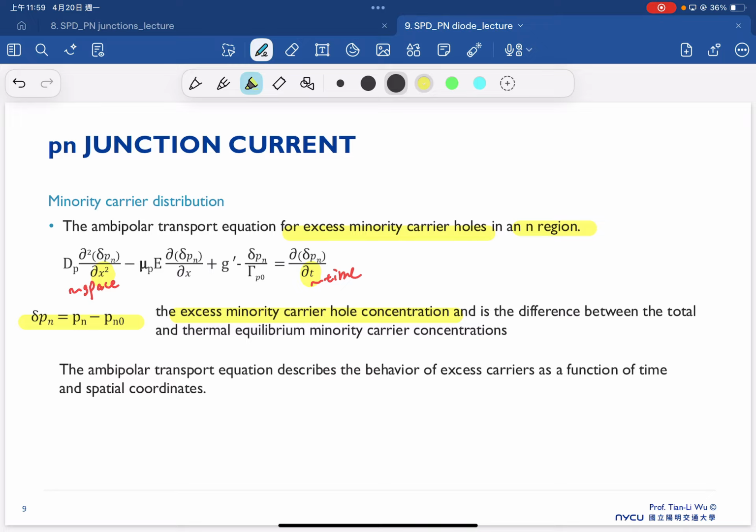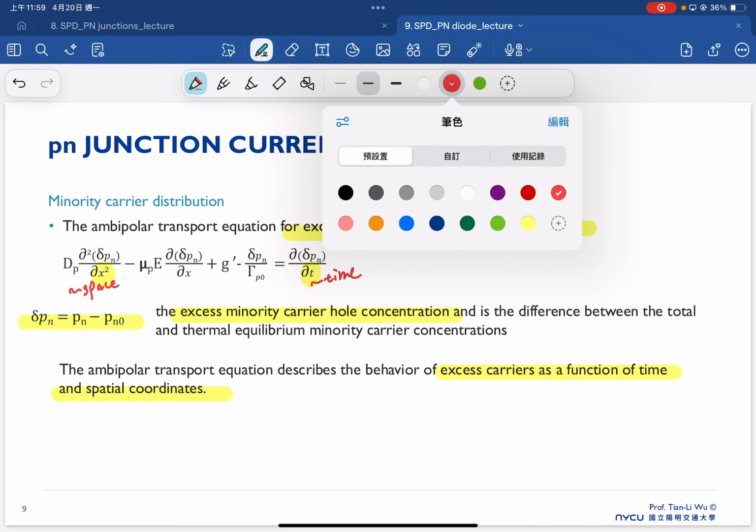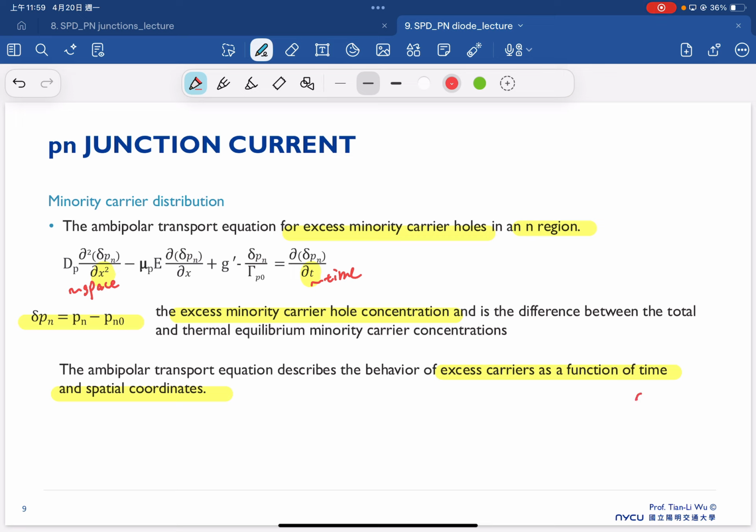The bipolar transport equation describes the behavior of the excess carrier as a function of time and spatial coordinate, which is shown here. This is related to T and X here.